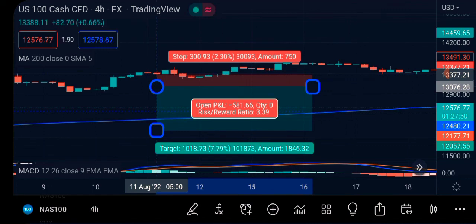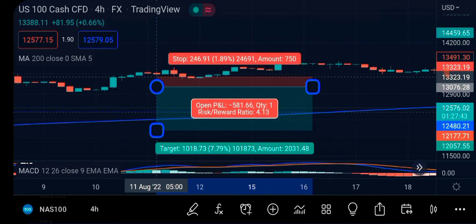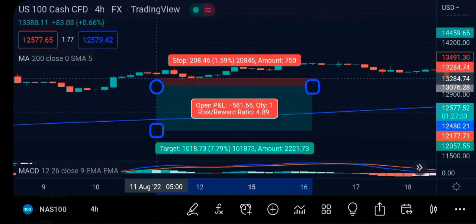Let's say you enter the trade at 20 naira and it hits your TP, your take profit. This means that your 20 naira will be multiplied by 4.71. That is just what it means here.